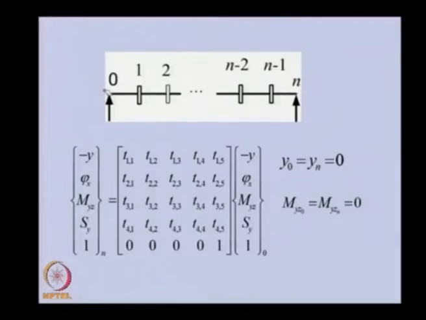That last equation is expanded here: this is the state vector at the nth station, this is the state vector at the 0 station. If there is unbalance in the system, the form of the overall transfer matrix will be this. The last row will be 0, 0, 1. These correspond to the unbalanced force.